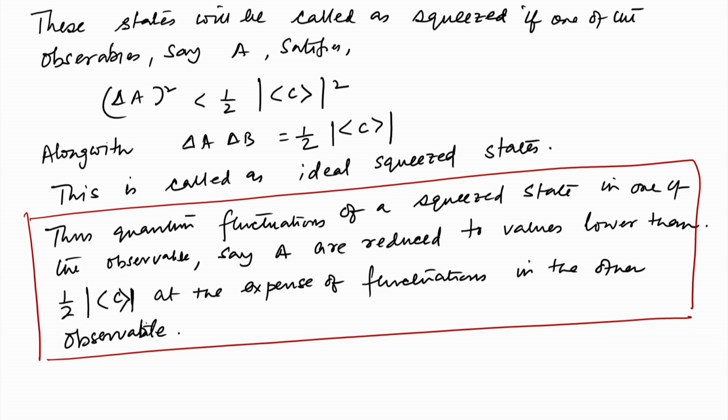So, let us give some examples in order to validate our claims, or at least to check the definition of the squeezed state. You remember that we have introduced the canonical variables or observables x and p in terms of a and a dagger, and we are going to take A equal to half of a plus a dagger and B equal to 1 by 2i times a minus a dagger.